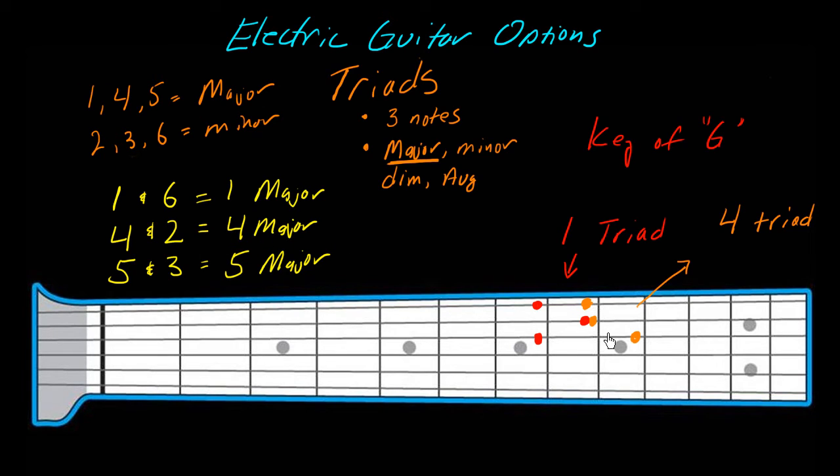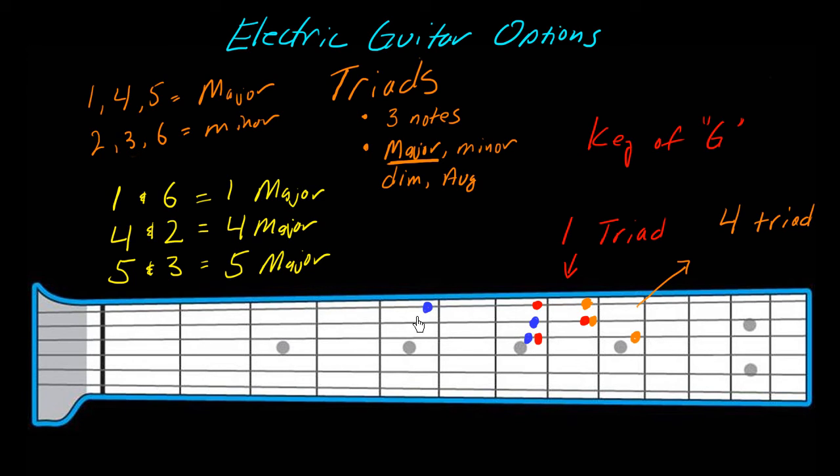Okay? And then the third and final chord will be the 5 triad. And the 5 triad will be played like this. This note, it will share this note, and this will go down here.